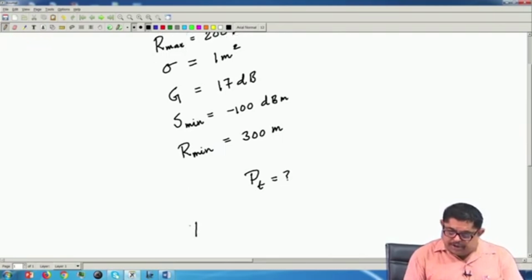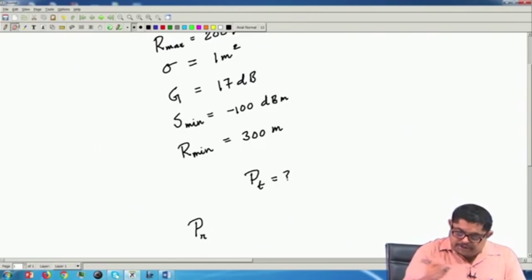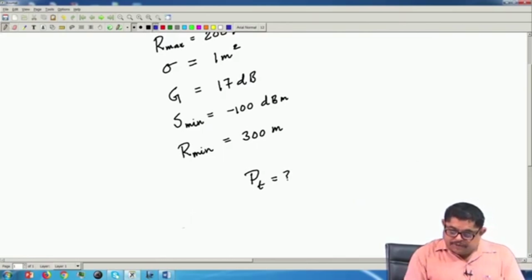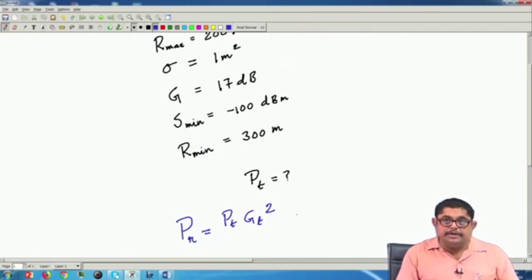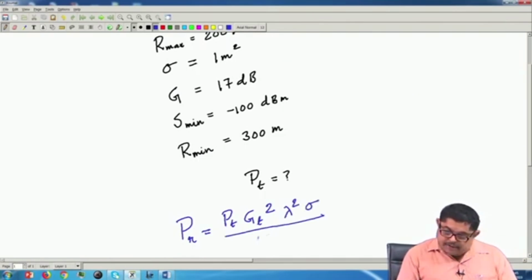If you recall, the radar range equation was Pr is equal to Pt Gt square, I am assuming this is the same antenna, that means monostatic case, lambda square sigma by 4 pi whole cube R to the power 4.